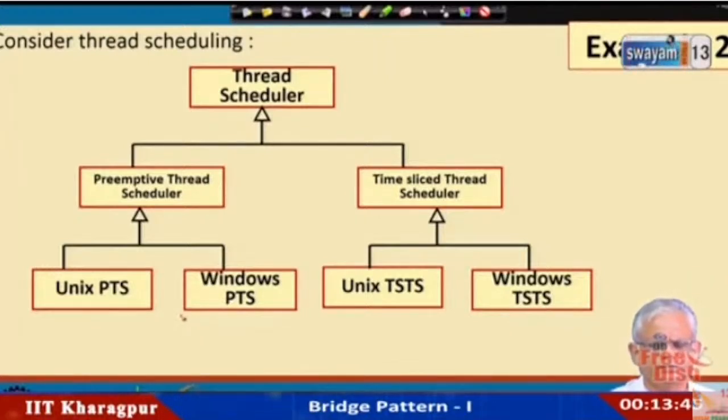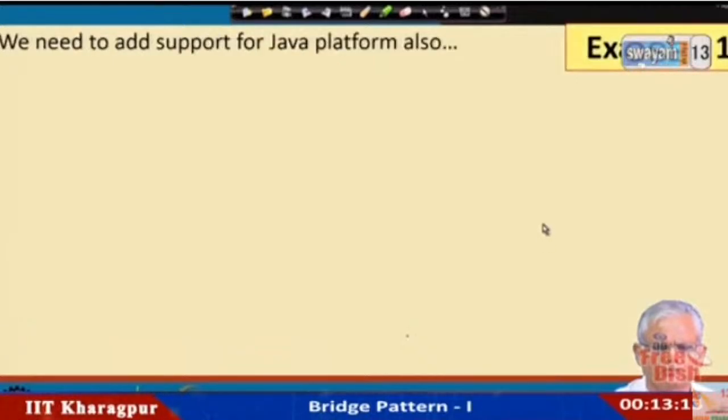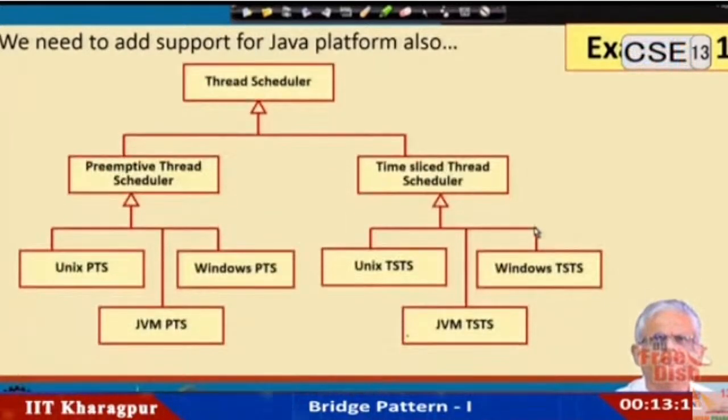Similarly, for the time sliced thread scheduler, we will have two subclasses, the Unix time slice thread scheduler and the Windows time slice thread scheduler. But later, as maintenance was required, it was used for some time and then new requirements arose, and then we need to support the Java platform.